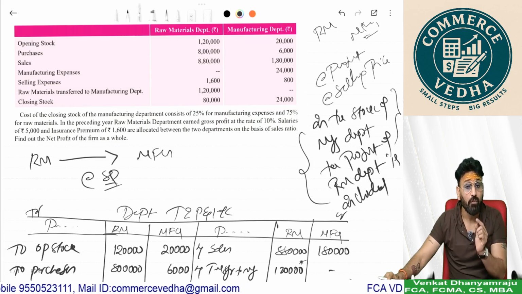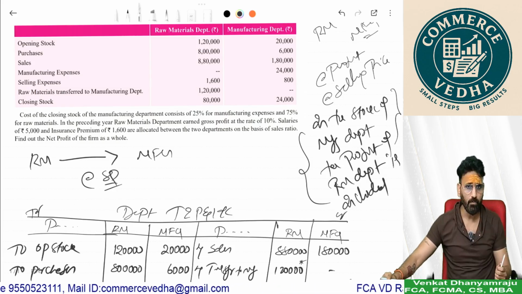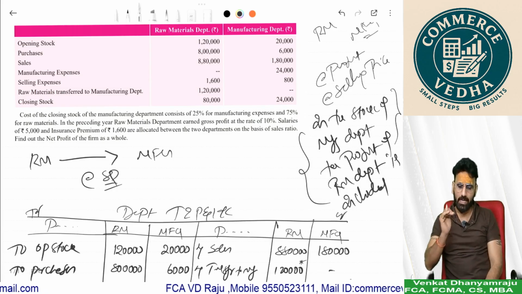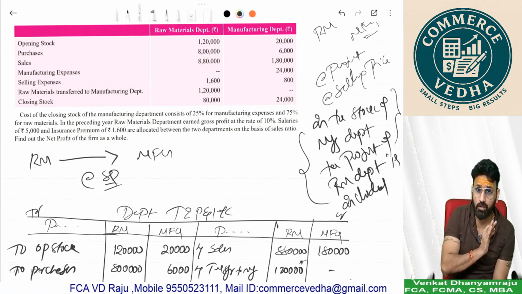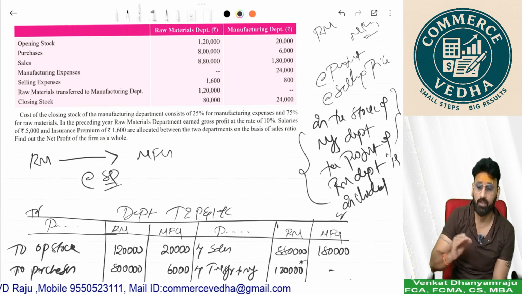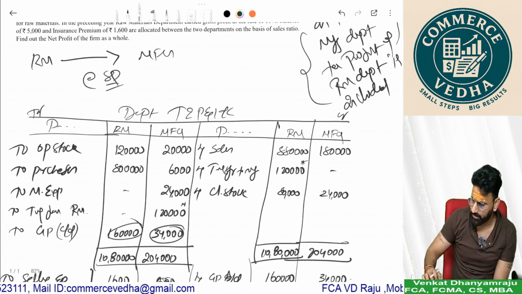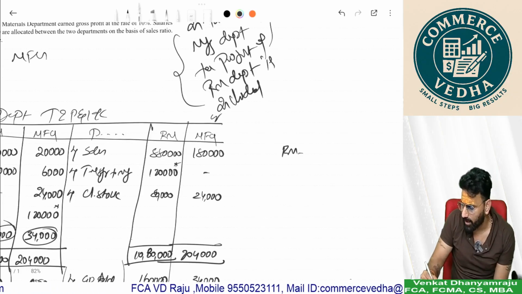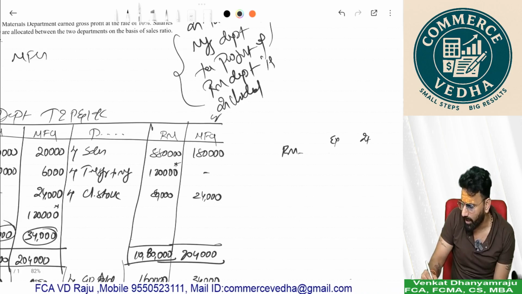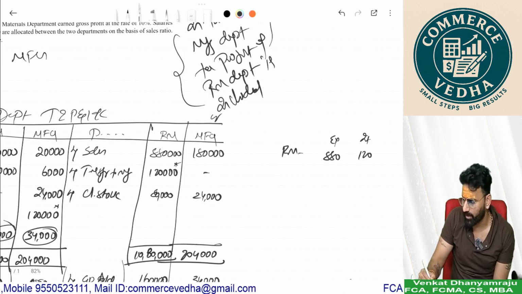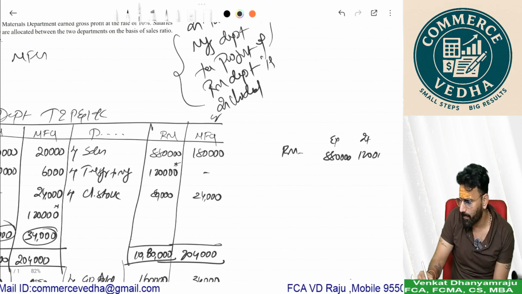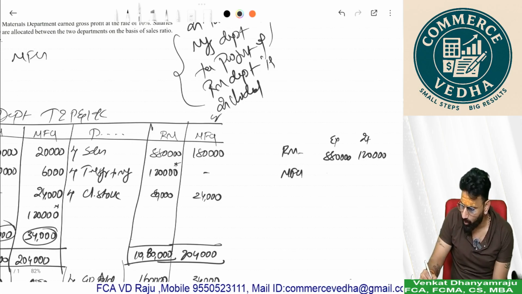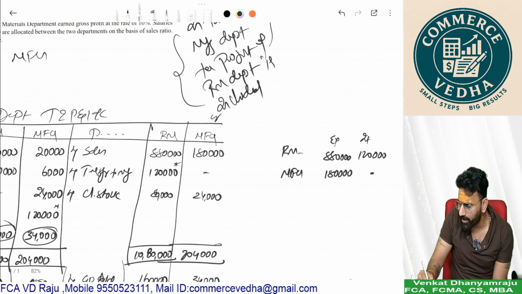Now we should see which is to be taken as a base. So which ratio is the basis is very, very important. Internal sales I should not consider for sharing. So here if I go and see the sales of raw material, it is external 880, internal 120, and manufacturing external 180, no internal sales.